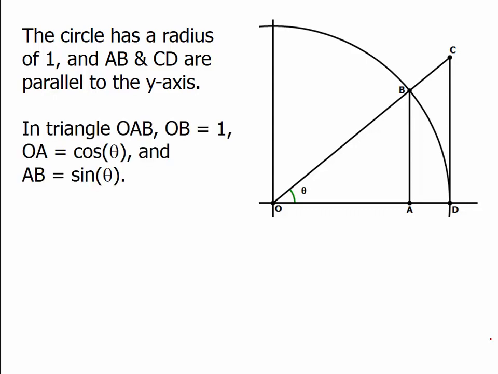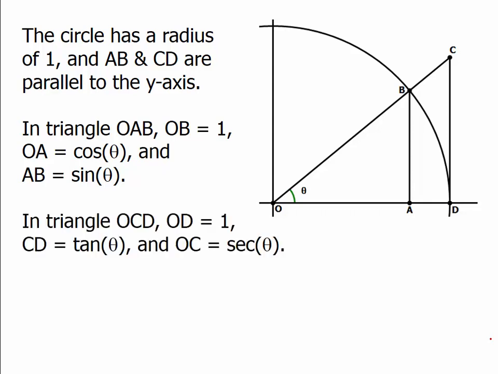Okay, so notice a few things. In triangle OAB, the triangle inside the circle, OB, the radius, is 1, and of course OA is the cosine, and AB is the sine. Okay, so that's the familiar SOHCAHTOA ratio. Now look at triangle, slightly bigger triangle, OCD. This one starts at O, passes through B all the way out to C, drops down to D, and comes back along the x-axis.